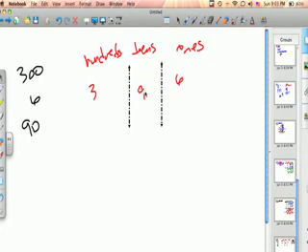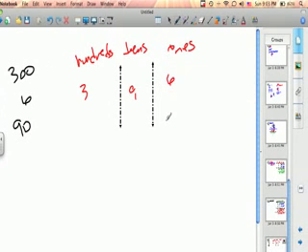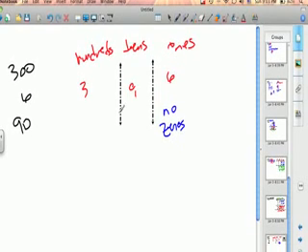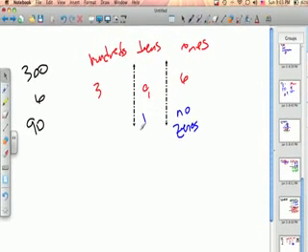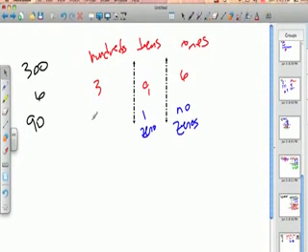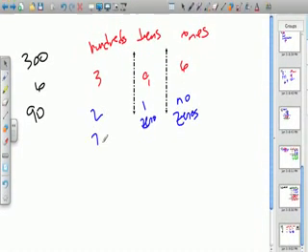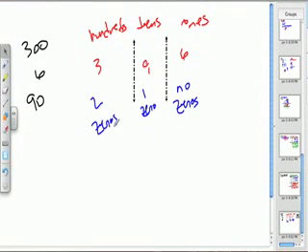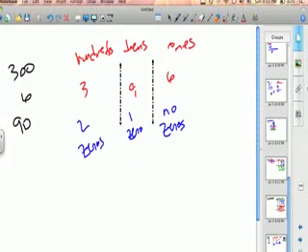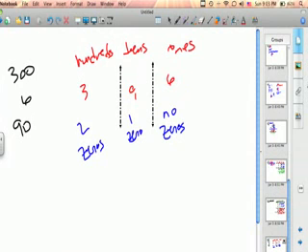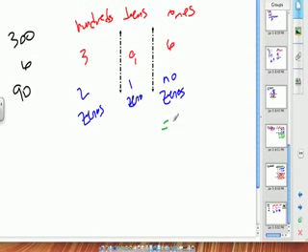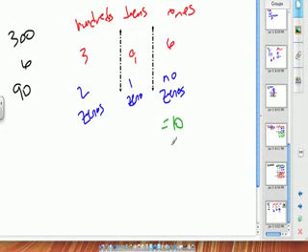Well, wait a minute. So wait, the ones has no zeros, right? The tens has 1 zero. The hundreds has 2 zeros. Now, if any number has no zeros at all, what that means is that you had an exponent actually here.